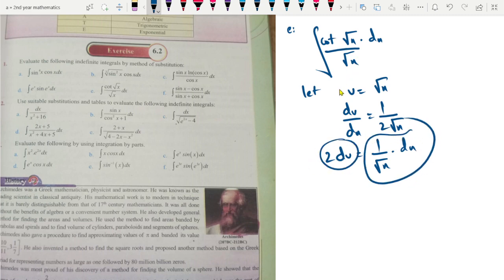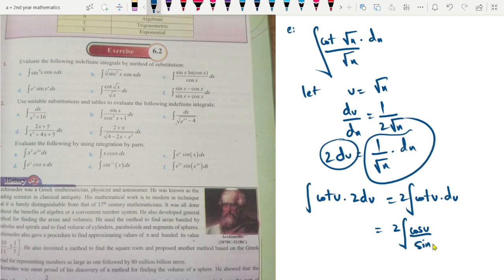So this is equal to the integral of cot u · 2 du, which is 2 times the integral of cot u du. This is equal to cos u divided by sin u.